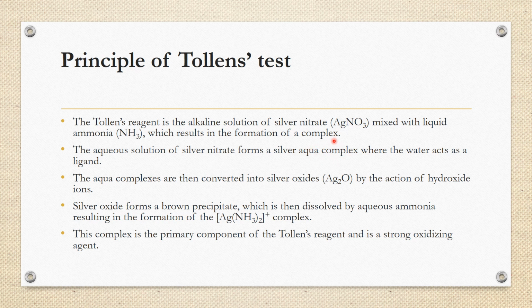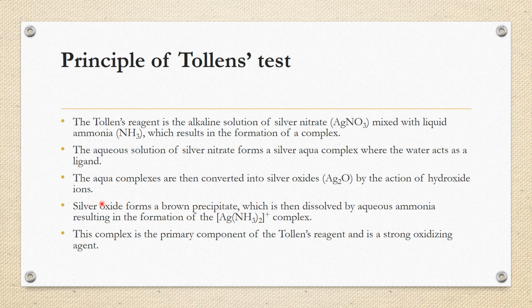This silver ammonia complex is oxidized by the action of hydroxide ions to form silver oxide. The silver oxide will result in the formation of a brown precipitate at the base of the test tube. While preparing Tollen's reagent, you will observe this brown precipitate at the base of the test tube. This brown precipitate comes from the silver oxide.